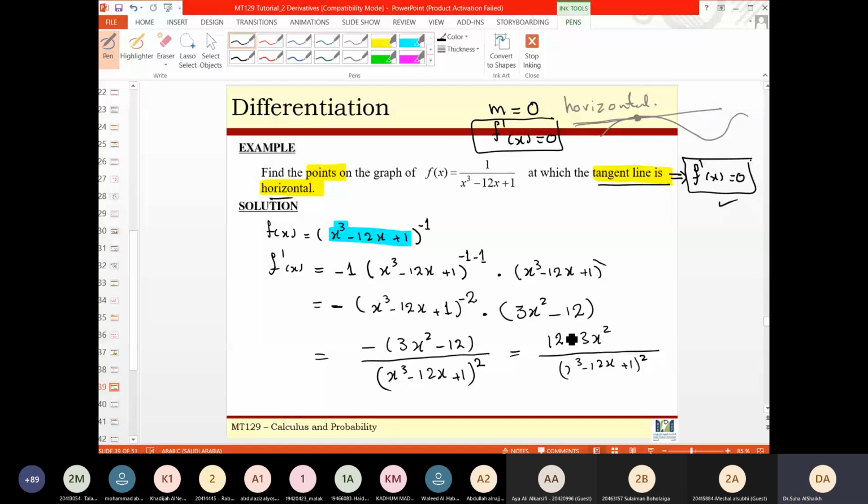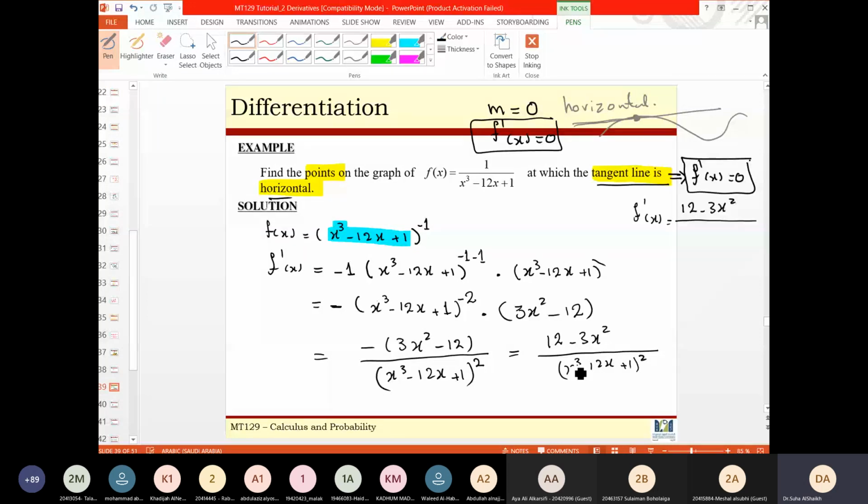So f dash x is 12 minus 3x squared divided by x^3 minus 12x plus 1 squared. Okay, clear?